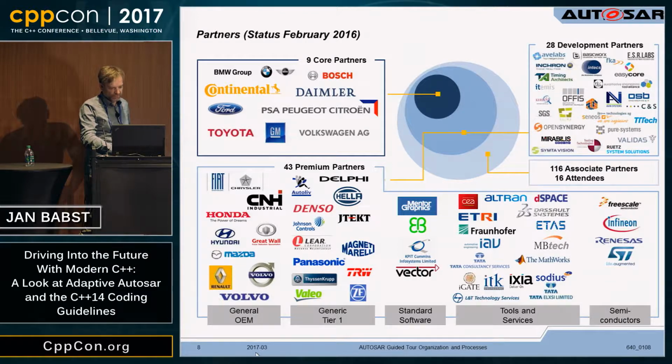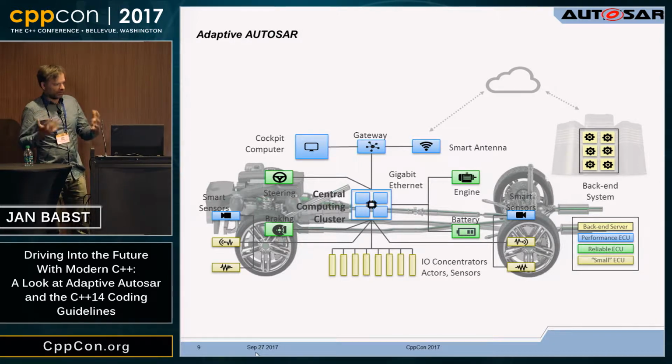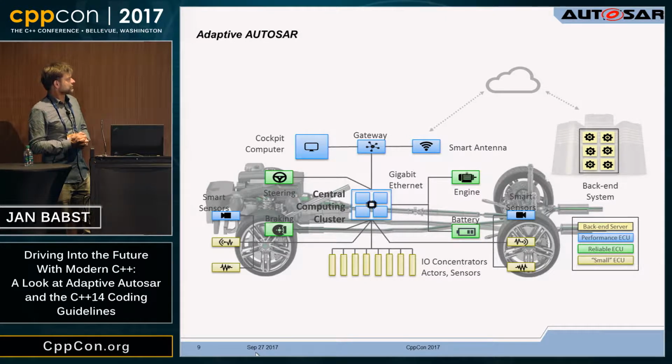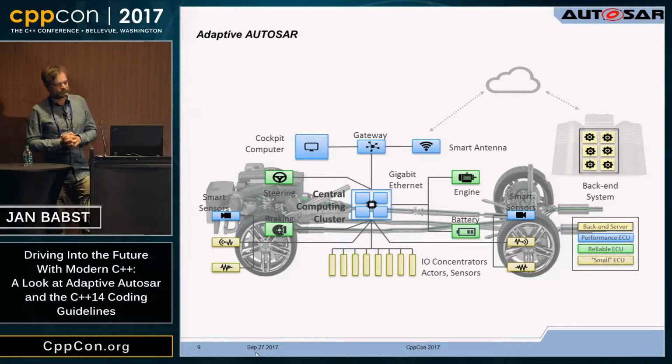Now, what you've seen in the previous picture is not what we need in future cars, or in some of the cars which are already on the road today. Such cars have a need for central, high-performing computing clusters, one or many of them.